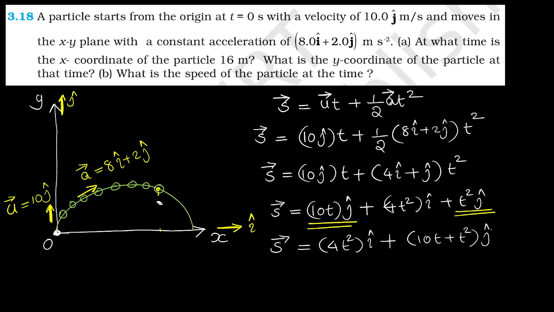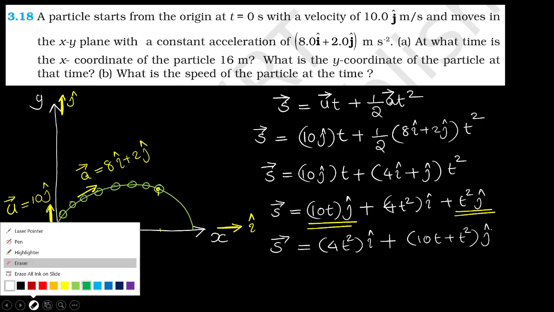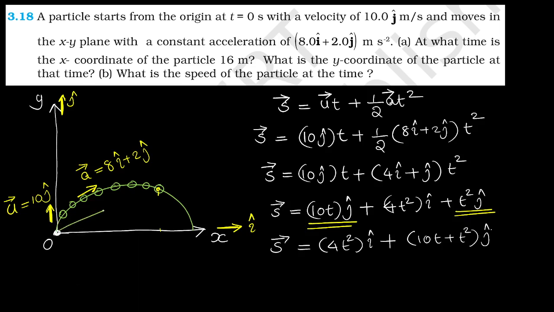Displacement. The body moving along a plane. S is the displacement. This is S. Initial position and final position. That S vector is this. In time t, the S will have this vector. If you have written, please raise your hand.